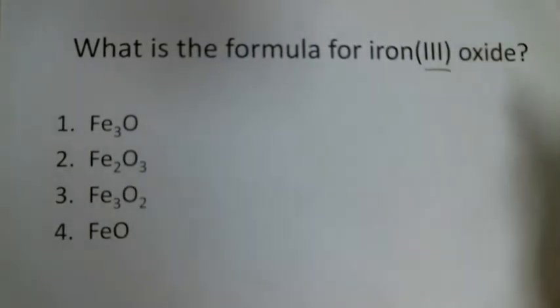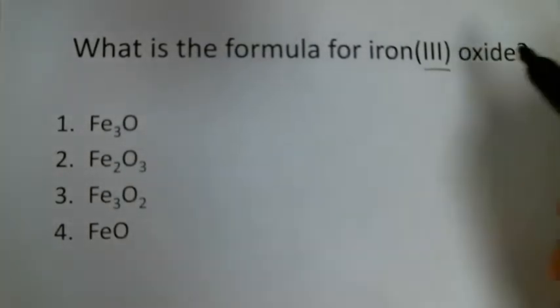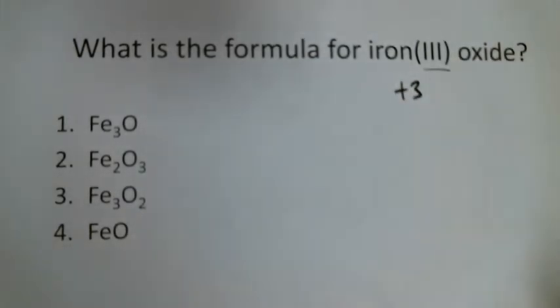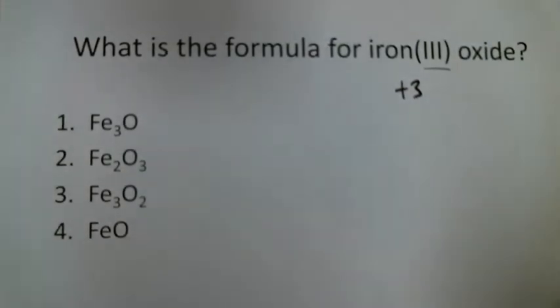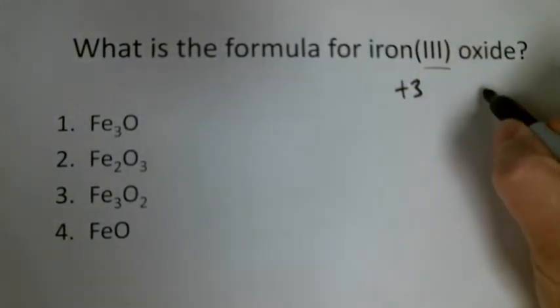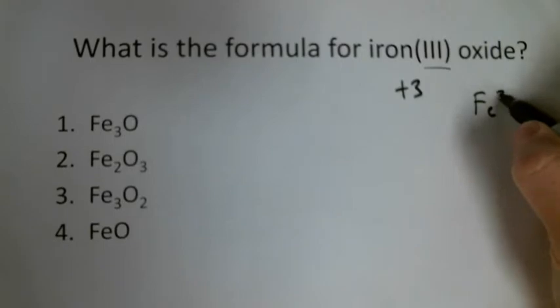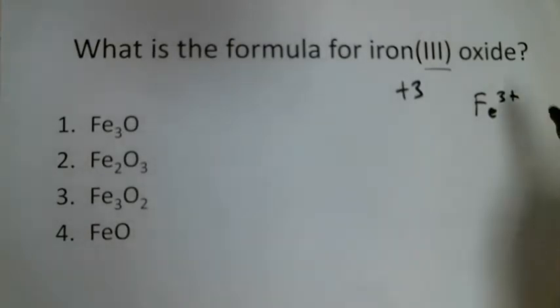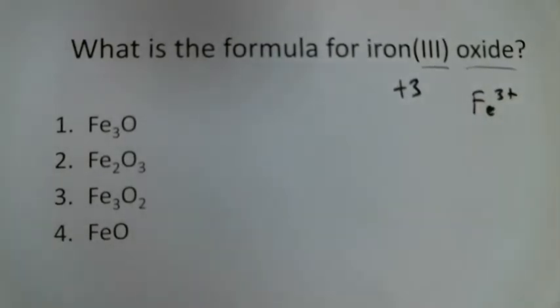Well, now that we've done oxidation numbers, this 3 is the oxidation number. That means that is a +3 ion, +3 iron. So Fe3+. And then what we needed to know in order to put this together is what the oxygen is.